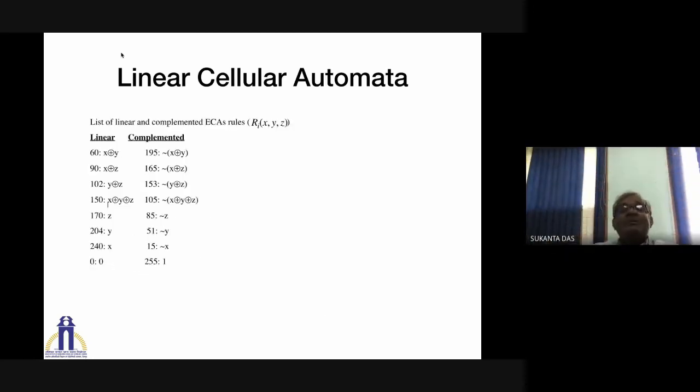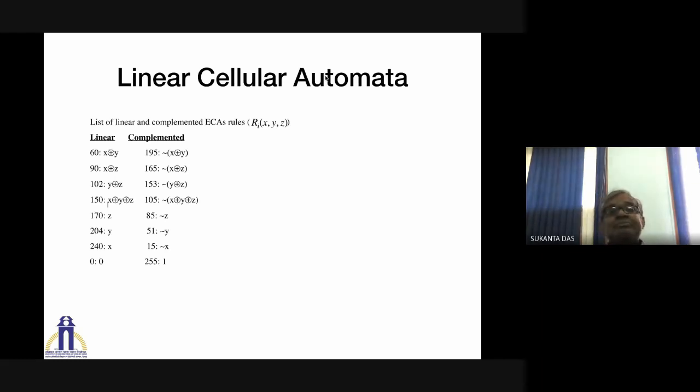So let us now consider the non-uniform ECA. There are 8 linear rules in case of ECA. Here they are written. Suppose it is rule XYZ, I have written in the format of XYZ.